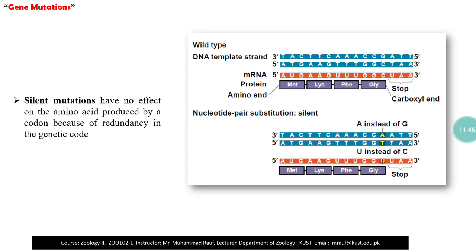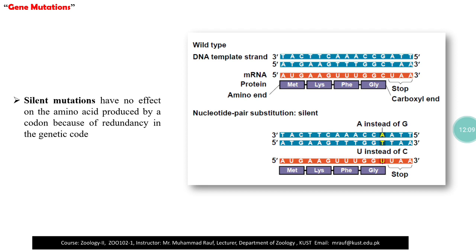Why does this happen? Because the genetic code has 61 amino acid encoding codons and 20 amino acids.